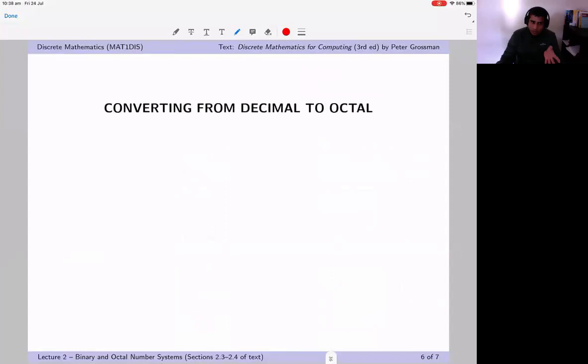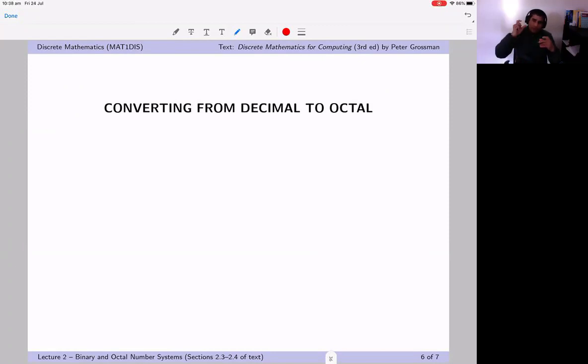Anyway, converting from decimal to octal. So remember, whatever base we are taking, we will always be trying to convert between binary, decimal, and the base we are considering. Okay, that is how the conversions work. Now the question is converting from decimal to octal. You recall how you converted from decimal to binary.